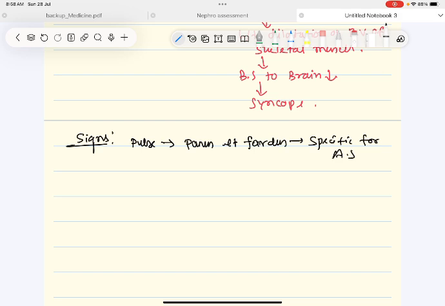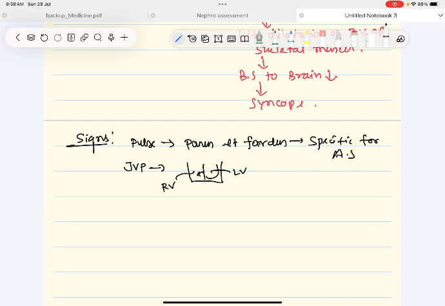In the JVP, suppose this is the heart, there is hypertrophy of the left ventricle. This is the left ventricle, this is the right ventricle. Due to this, the hypertrophic septum shifts to the right side.